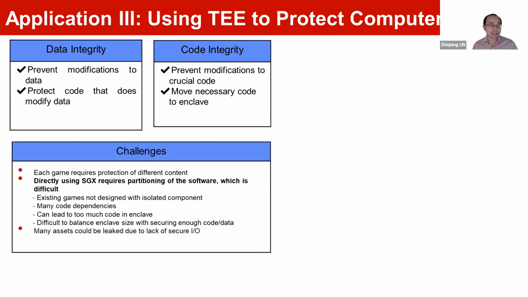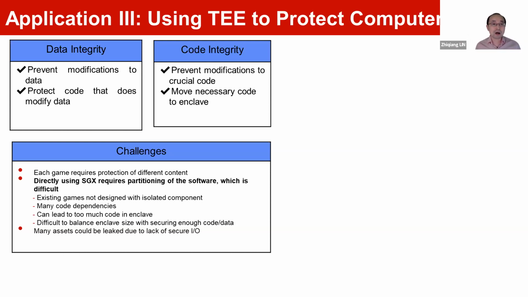You have to perform program analysis. And with SGX, the particular example from Intel, if you focus on new games developed from scratch, you have to partition the software into trusted and untrusted components, because an SGX enclave has only limited memory.